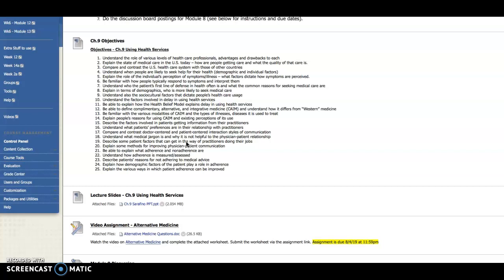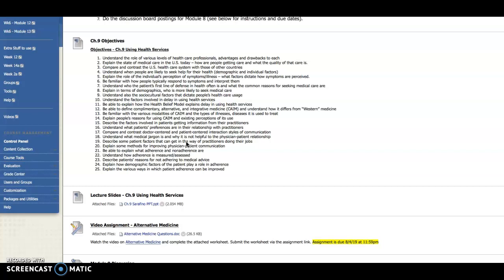So America as a larger culture might have sort of norms for when we seek care, but then it might hinge upon how your family views medical care, or it might hinge upon how educated you are in doing so. So we'll explain some of that in terms of the demographics and who's more likely to seek care and what the sociocultural factors are that dictate people's healthcare usage.